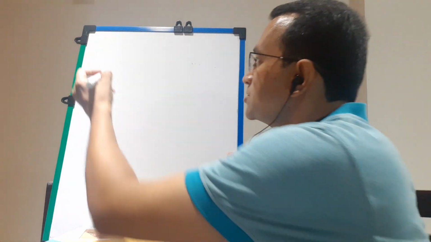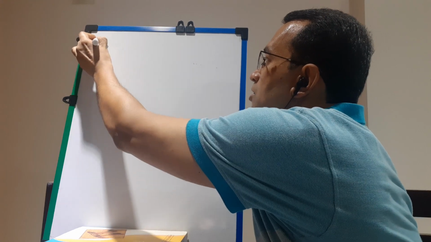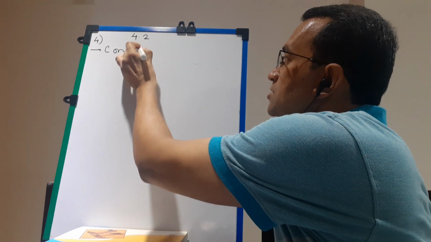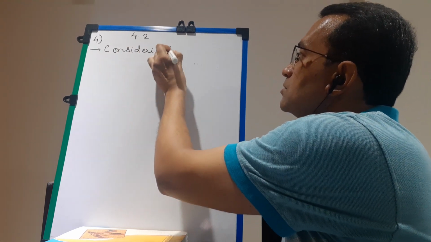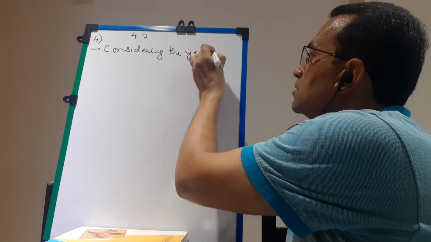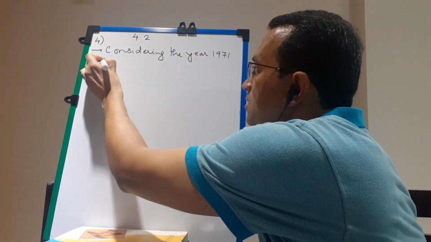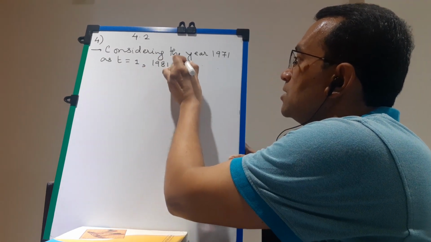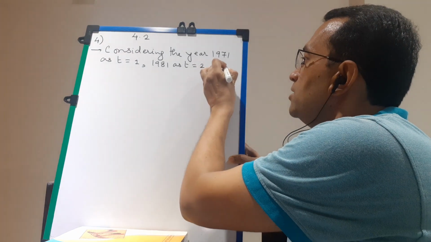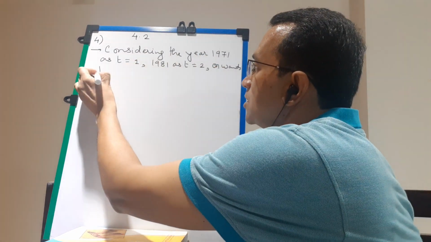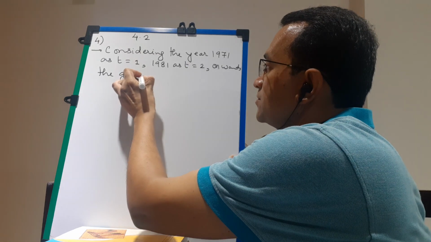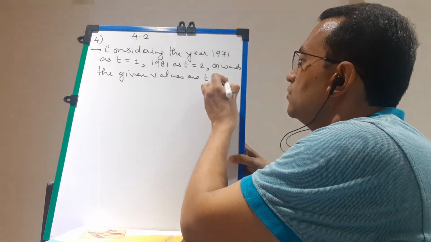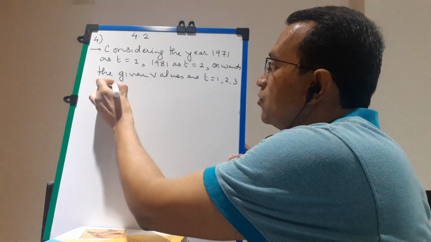So the first step, students, question number 4, exercise 4.2, considering the year 1971 as T is equal to 1, 1981 as T is equal to 2, and onwards the given values of T are 1, 2, 3, 4 and 5.